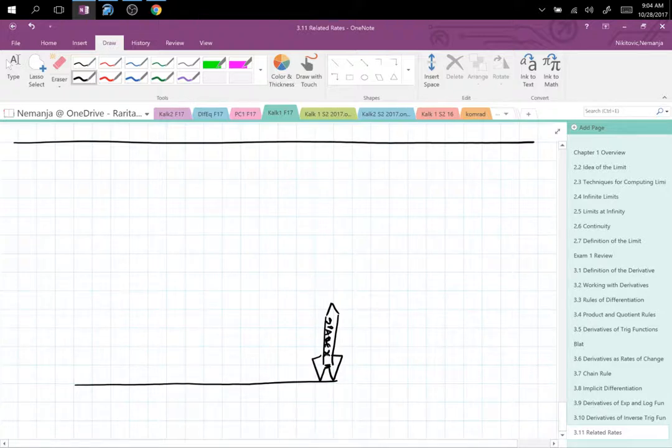Yeah, SpaceX. And the rocket is going to shoot straight up. Now, some distance away, we're going to place the camera. Look at that high-tech camera.